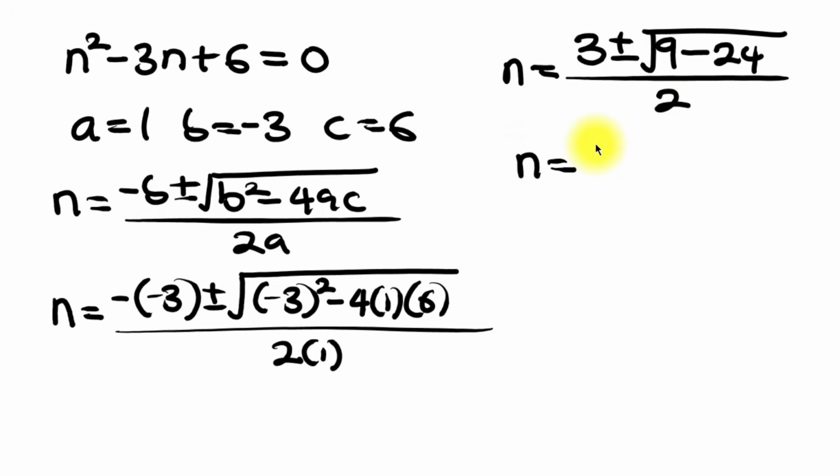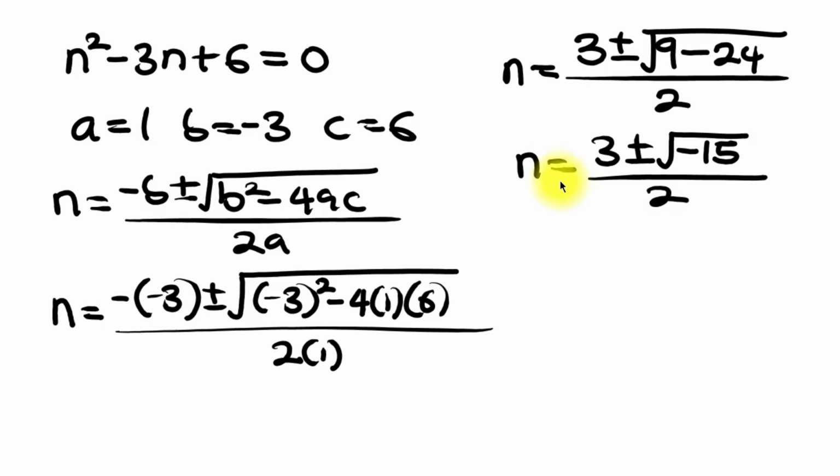So this becomes 3 plus or minus the square root of 9 minus 24 is negative 15 all over 2. Very good. Now this is n equal to 3 plus or minus. Now the square root of negative 15, a negative, that is a complex value since it is under a square root. So this now becomes the square root of 15i.